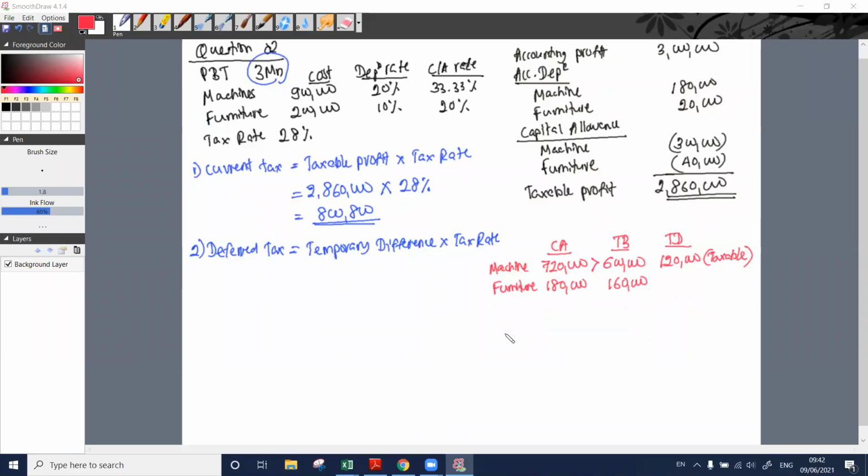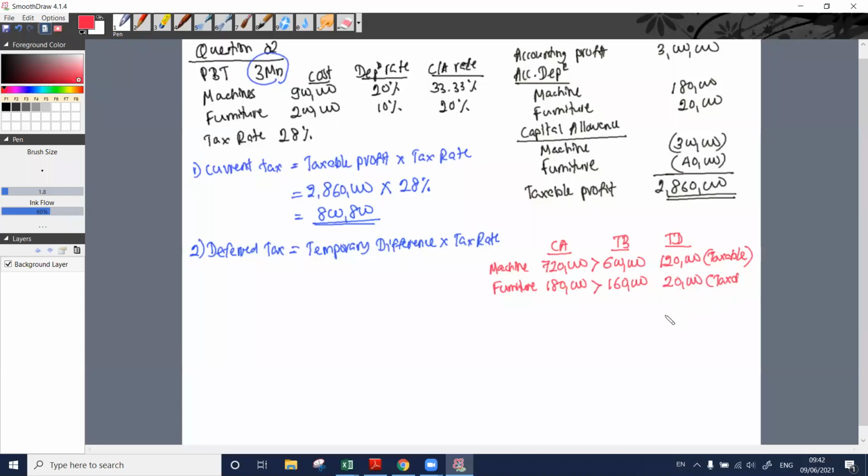So here what is the temporary difference? There is a temporary difference of 20,000. Is it taxable or deductible? Carrying amount is again greater than the tax base. Again, this is a taxable temporary difference.